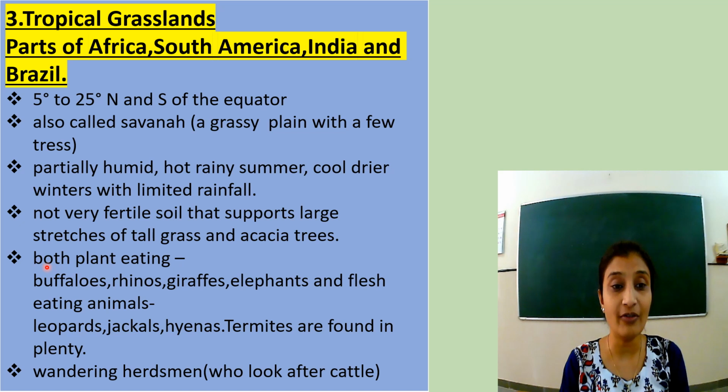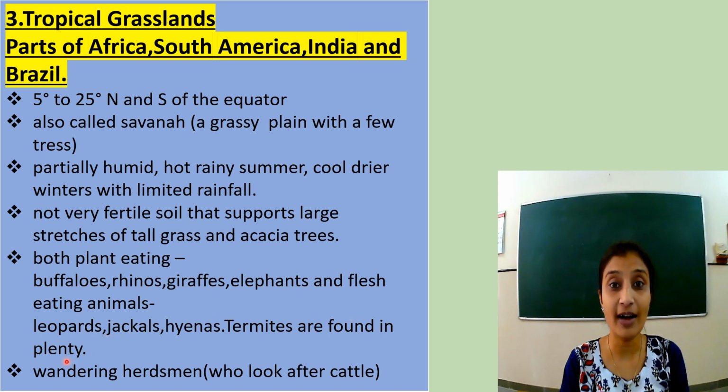Animals here, you will find both plant-eating and flesh-eating animals. Plant-eating animals like buffaloes, rhinos, giraffes, elephants and flesh-eating animals like leopards, jackals and hyenas. You will also find termites here. Termites means small insects that eat wood.